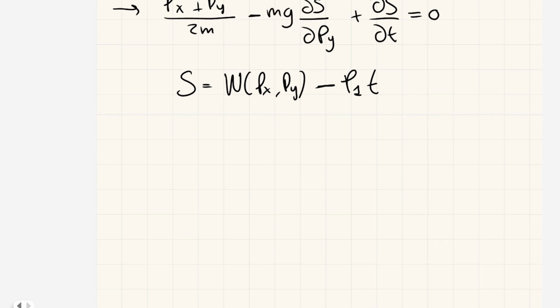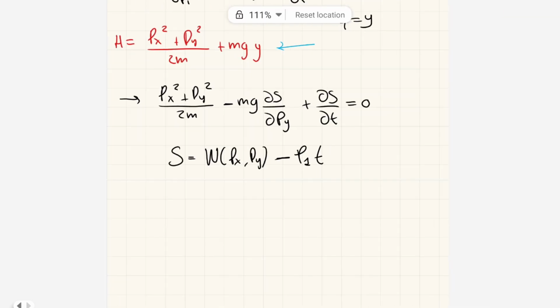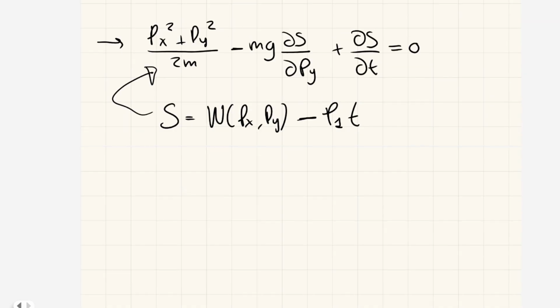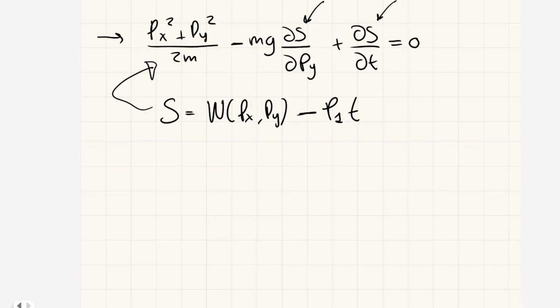We do not know what the form of W is yet, but we are going to find it by taking this S into the Hamilton-Jacobi equation. So what are we going to get? Well, we need to calculate the partial of S with respect to time and the partial of S with respect to py.